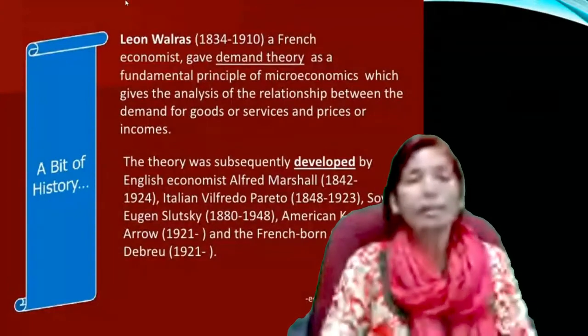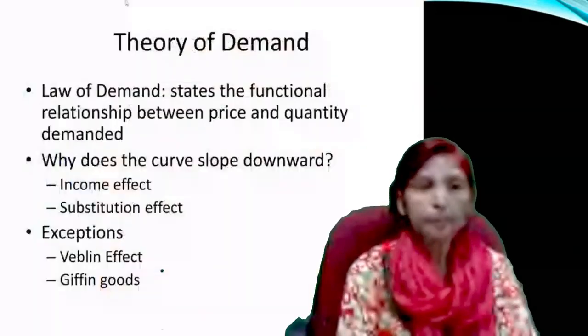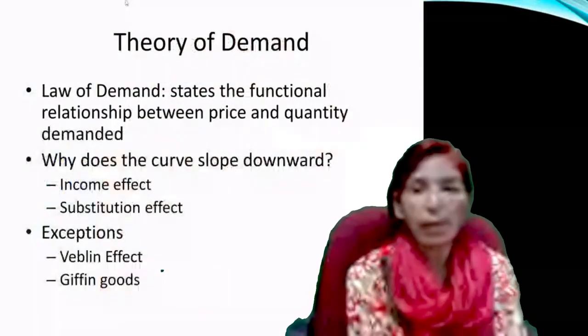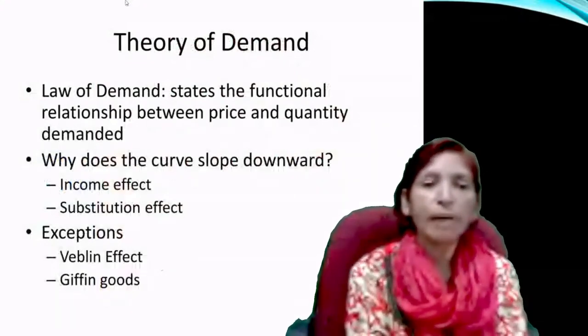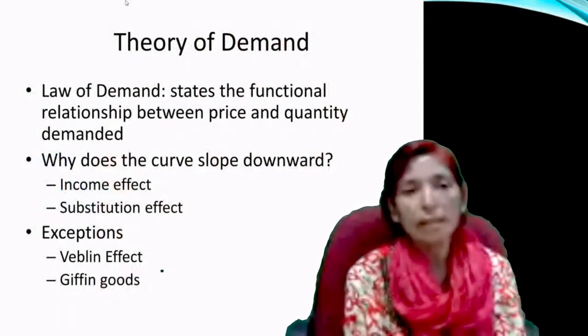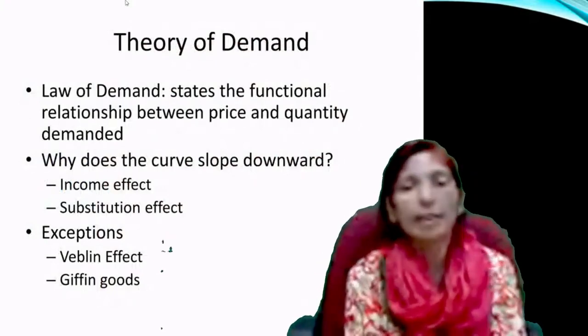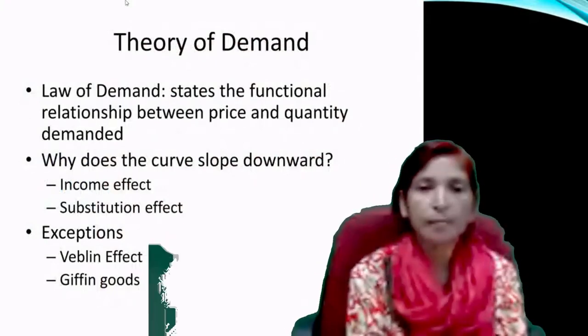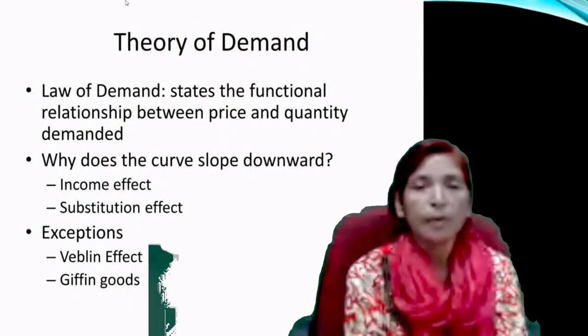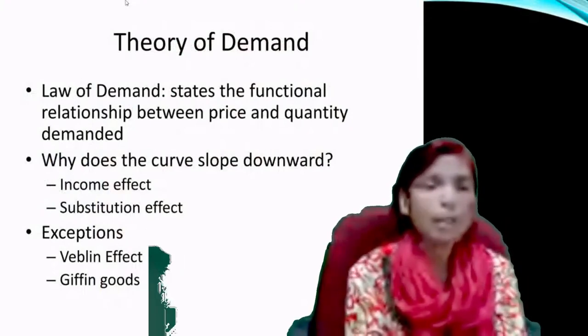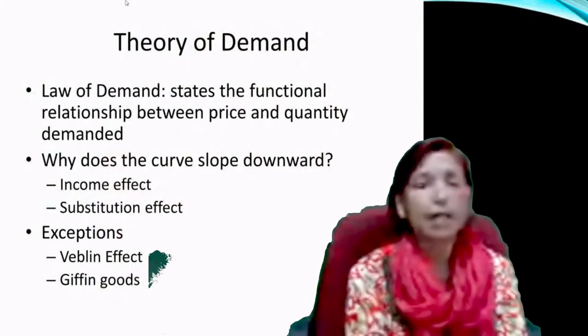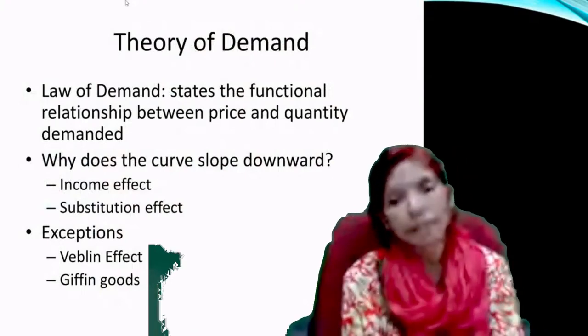Now next is theory of demand. This law of demand or theory of demand mainly states the functional relationship between price and quantity demanded. There is a negative or inverse relationship between price and quantity demanded.